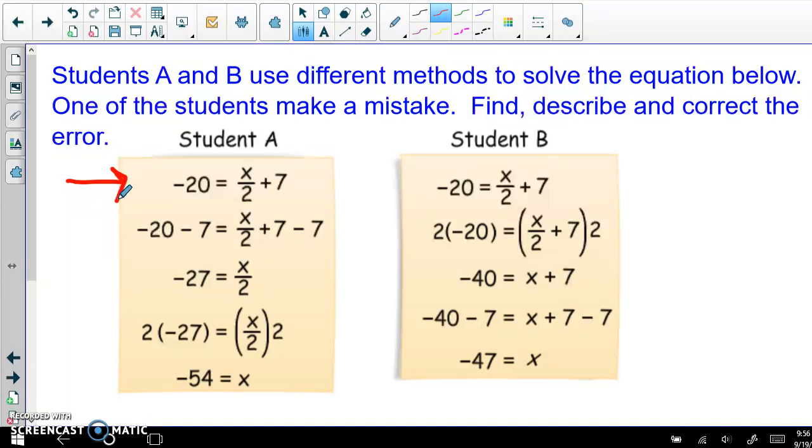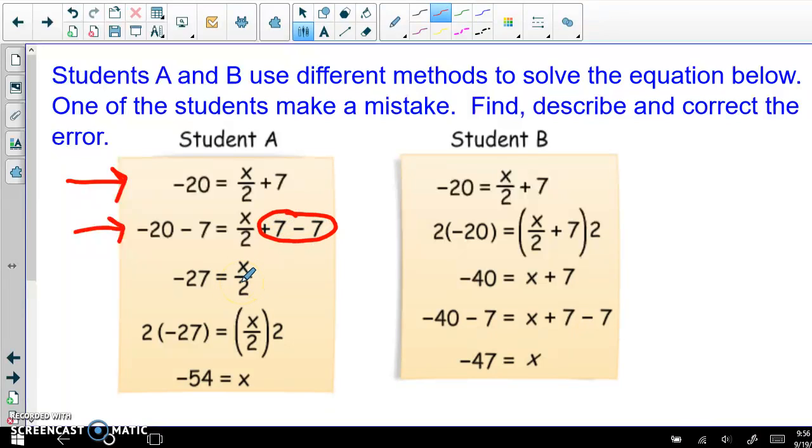So student A started by subtracting 7 from both sides, which would be fine because we want to undo the plus 7 first. So on the left, when we subtract 7 from both sides, -20 minus 7 gives us -27. And on the right-hand side, +7 and -7 cancel to 0.